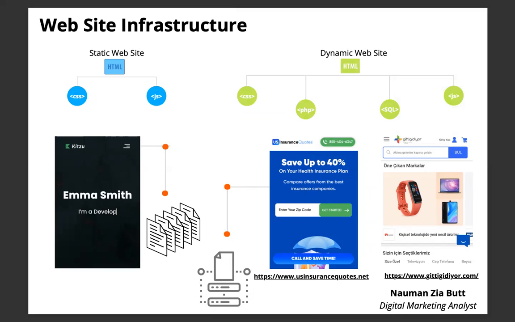And if you are planning a huge website like online shopping, or with a CMS system, or with any data process required in the website, you have to choose a dynamic website.